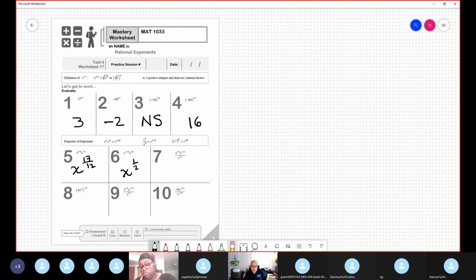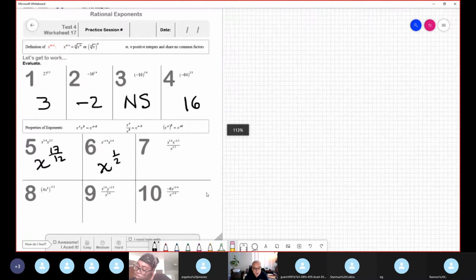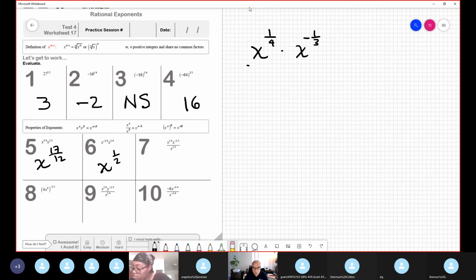Number 7 is a little bit more complicated because we have several. We have x to the 1 over 4 times x to the negative 1/3, divided by x to the 2/3. My recommendation is convert any negative exponent to positive.